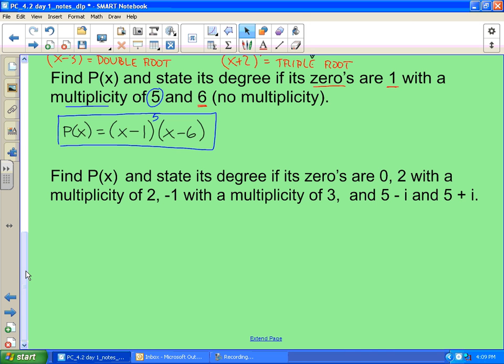All right, what about this next one? A polynomial with a zero at 0, at -1, and then we have these two, 5 minus i and 5 plus i. What are the respective multiplicities?